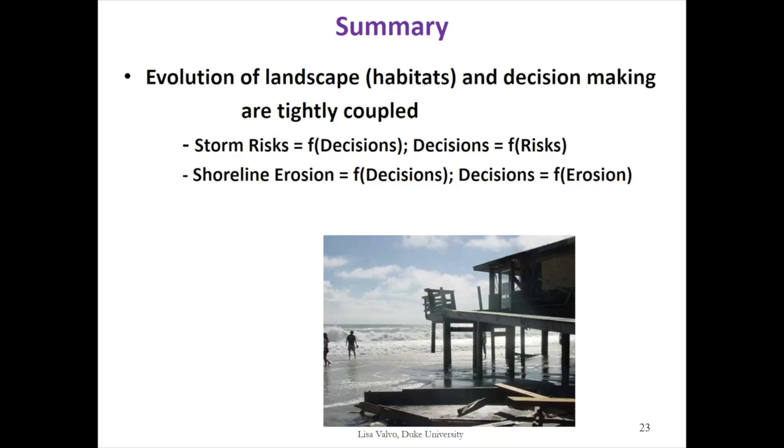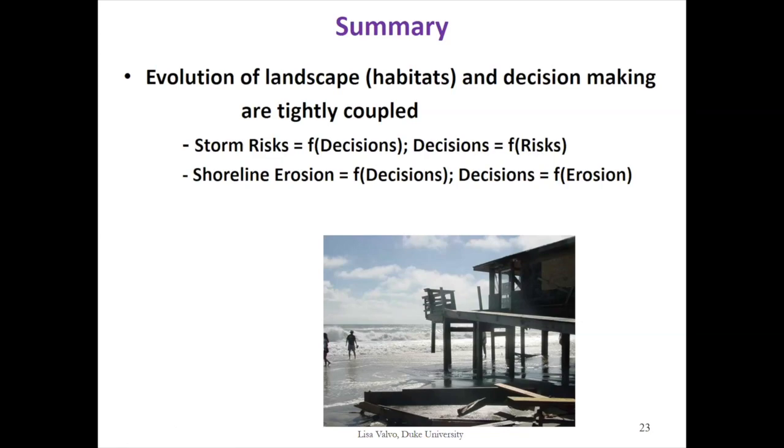But over the time scale of years to decades, the height and width of the landform and therefore the storm risks and impacts are a function of the decisions that have been made over that time, over these years and decades. And those decisions are, of course, functions of the impacts and risks that are occurring.